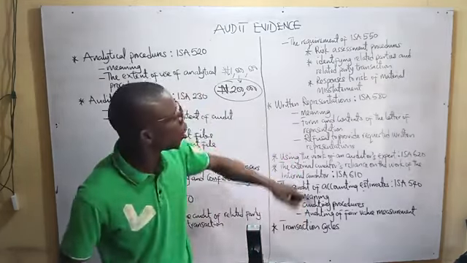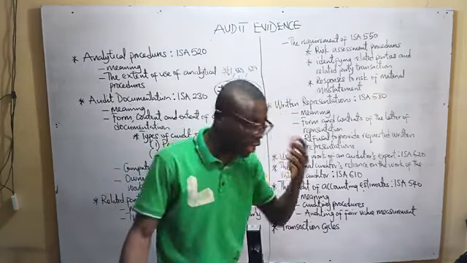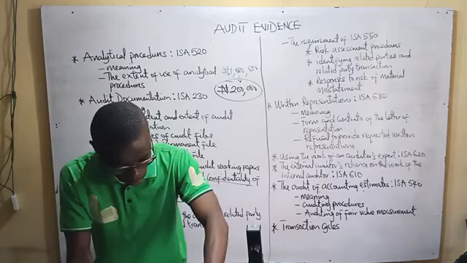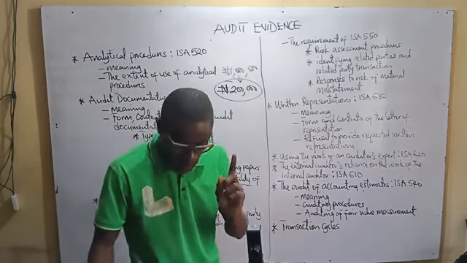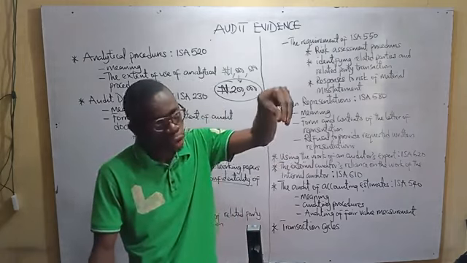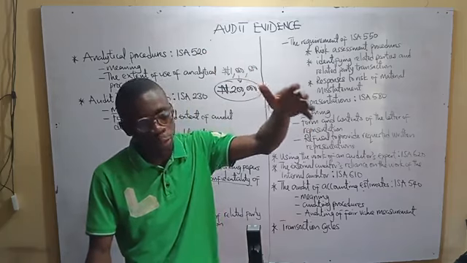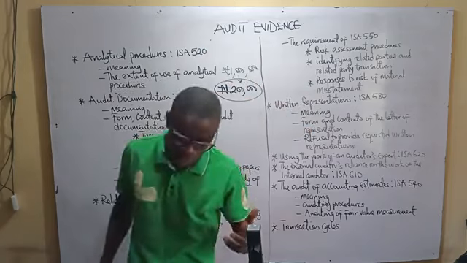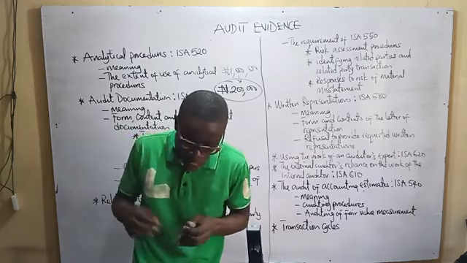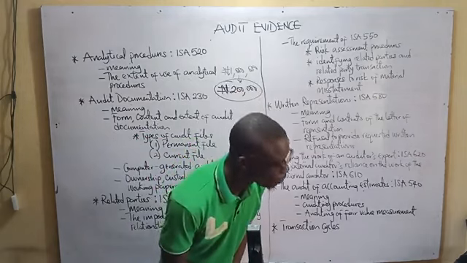If an auditor discovers that there is an unidentified or undisclosed related party transaction, he must check whether that undisclosed or unidentified related party transaction, that means the company is not able to identify the related party transaction, really exists.